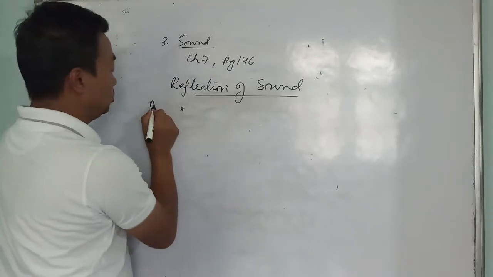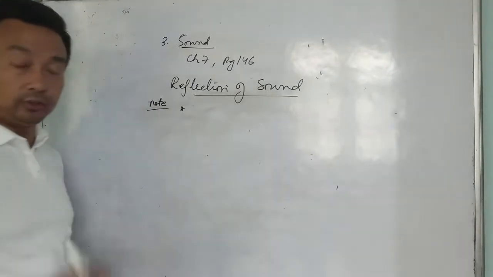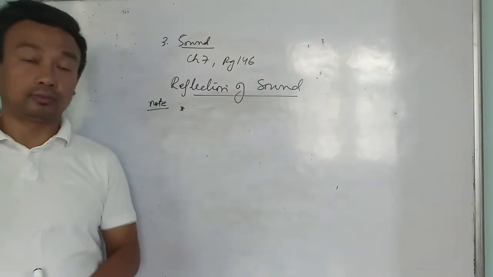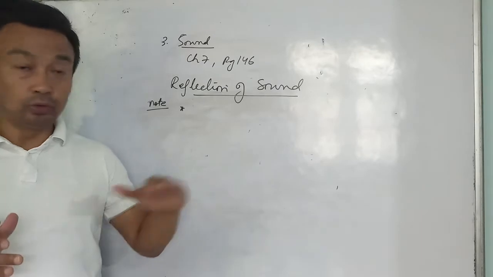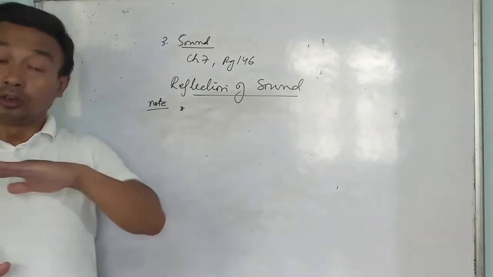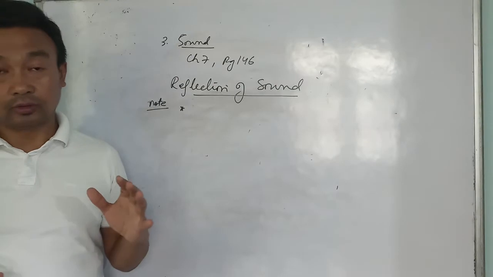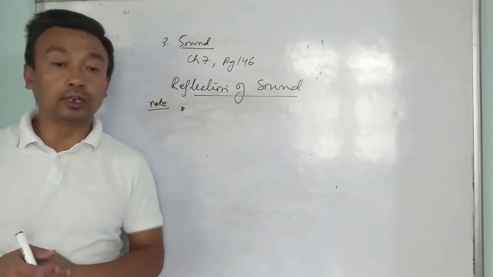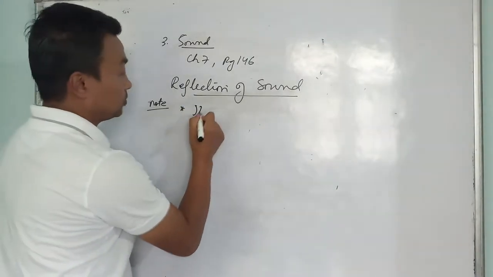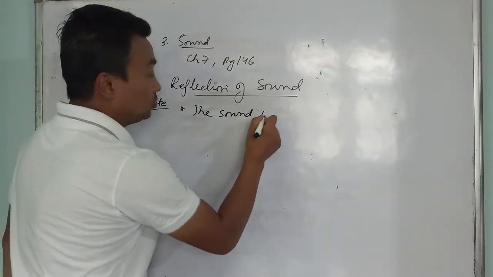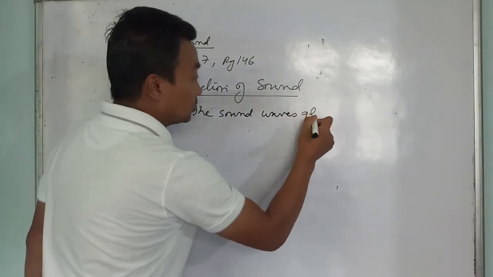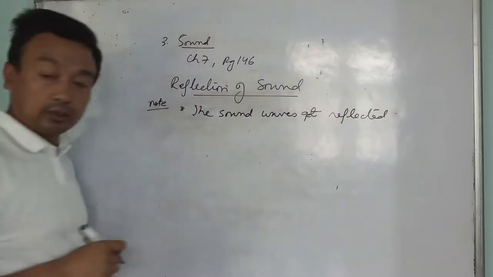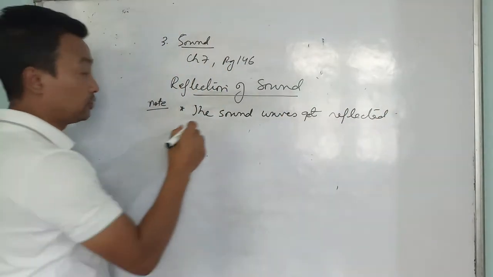Now there are two notes or points to keep in mind. The first one is that sound gets reflected from any surface, whether the surface is smooth and shiny like a mirror, or it is a rough and uneven surface. So the first point is the sound waves get reflected from any surface.